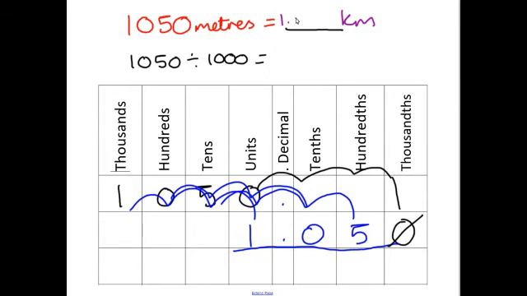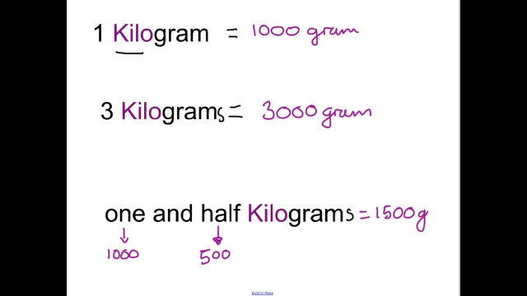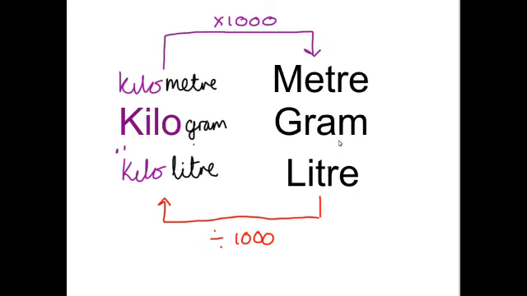So it'd be 1.050 kilometers. When we're working the other way, when we have a root unit of measurement, such as meters, grams, or liters, and want to convert it to kilograms, kilometers, or kiloliters, we divide by 1,000. If we want to convert a kilo measurement to a root measurement, we multiply by 1,000.